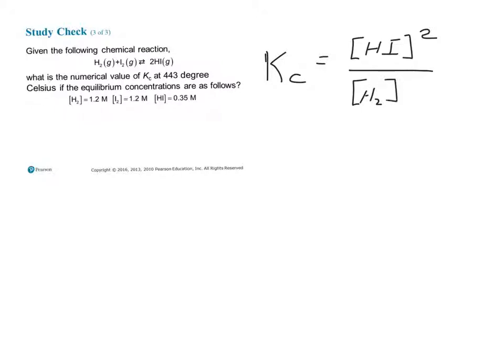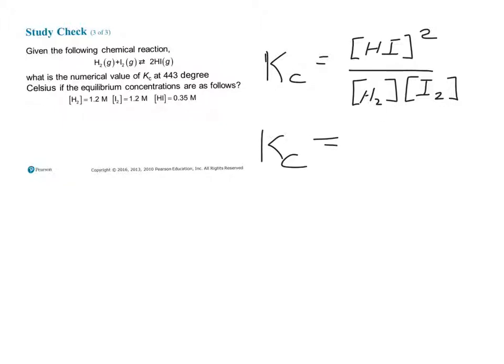First thing we're going to do is set up our equilibrium constant. Then plug in your values, right? Your equilibrium constant is always your products over reactants.